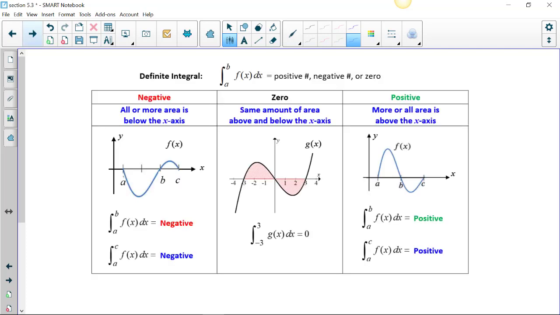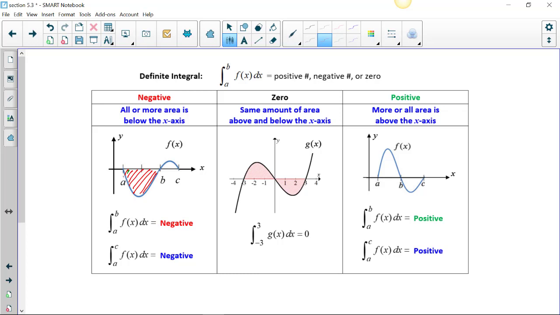So the big thing to keep in mind is that a definite integral comes out to be a number. It can be a positive number, it can be a negative number, or it can be 0. If it's negative, then all of the area or more of the area is below the x-axis. For example, if I want the definite integral from a to b of this function, I can see that between a and b, the entire area is below.